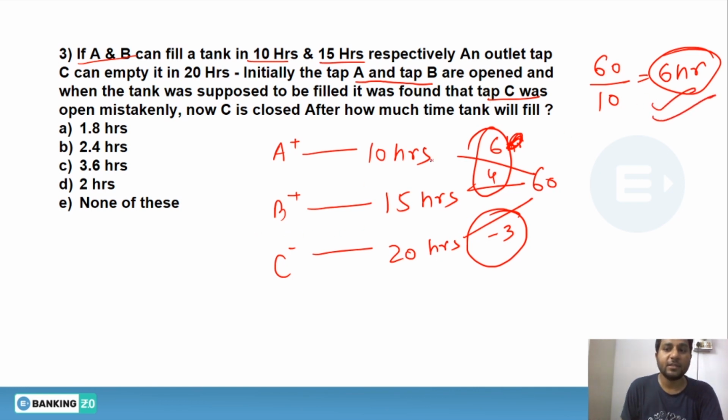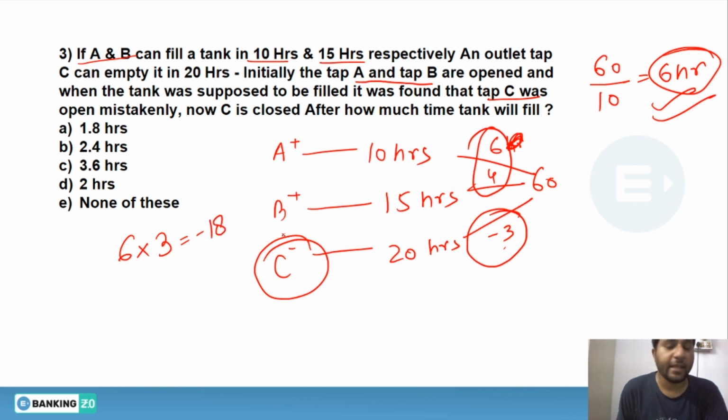So the tank has not actually been filled, because the leakage pipe C was open from the start, and in 6 hours it will empty 18 units. That means after closing C you just have to fill only 18 units to complete the tank.